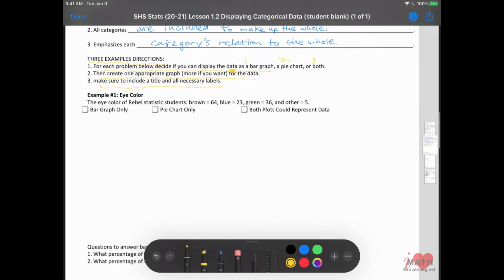All right, so what do we have? Example number 1, if I asked you guys for the eye colors of Rebel Statistics students, there are 64 brown, there are 23 blue, there are 36 green, and then there's 5 others.